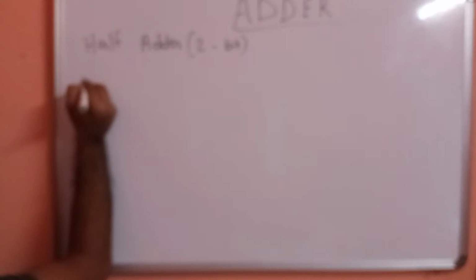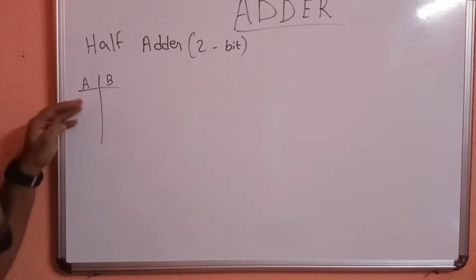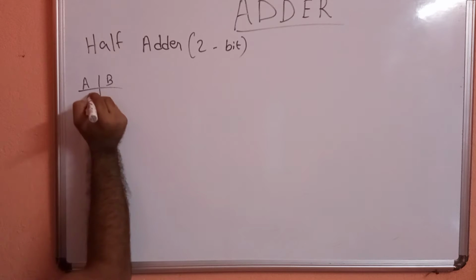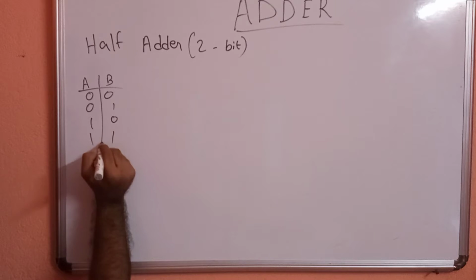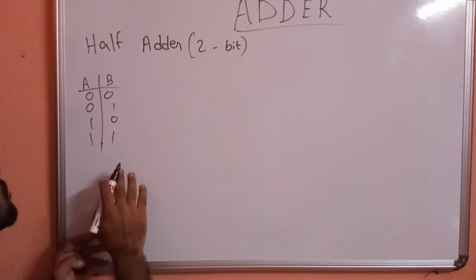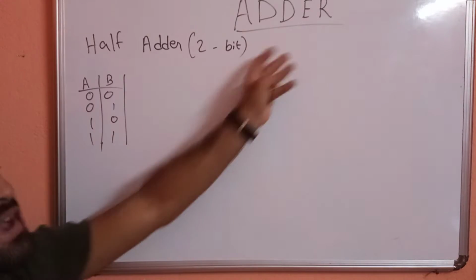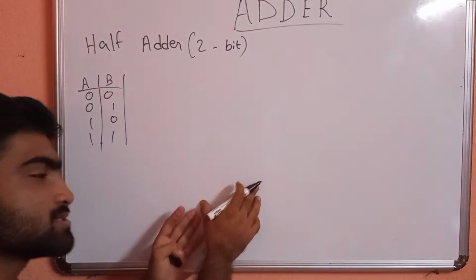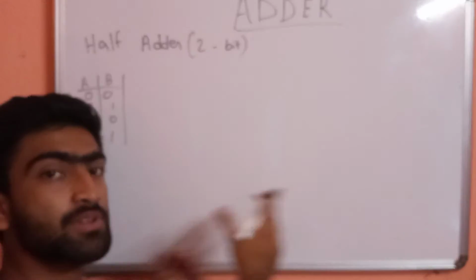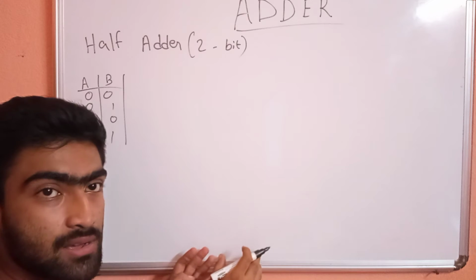Suppose A and B. How many combinations will be there? 4: 0 0, 0 1, 1 0 and 1 1. Correct? In adder, what do you understand by adder? Simply the summation, and while doing summation there will be a carry part.